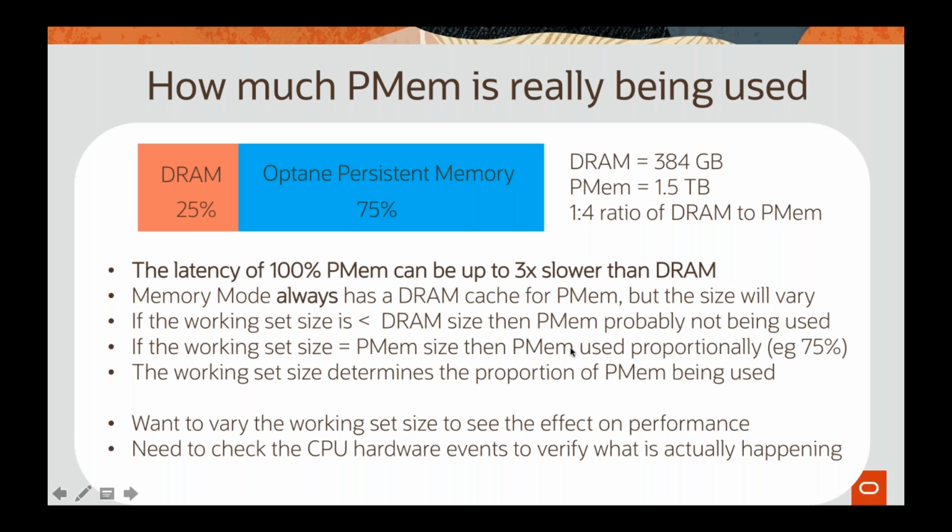So there's lots of probablys going on here. I don't like magic. To figure out what's happening, you really need to look under the covers and look at the CPU hardware events to figure out what's actually going on versus what you think is going on.